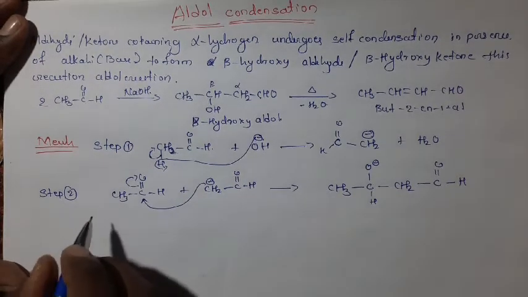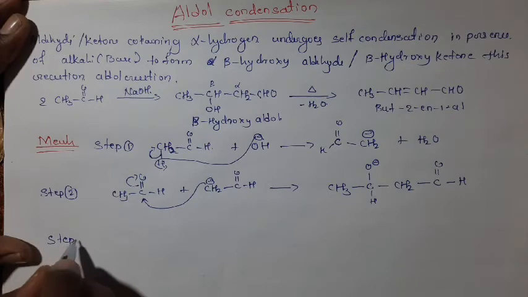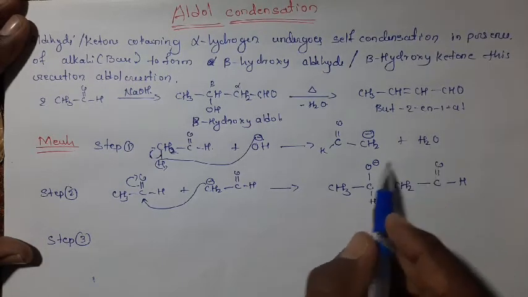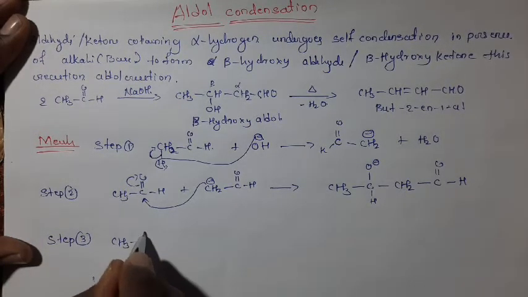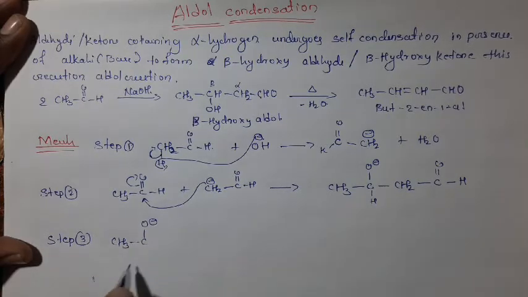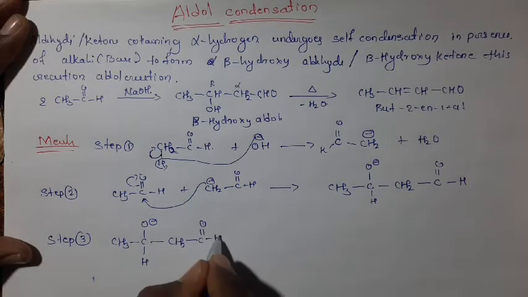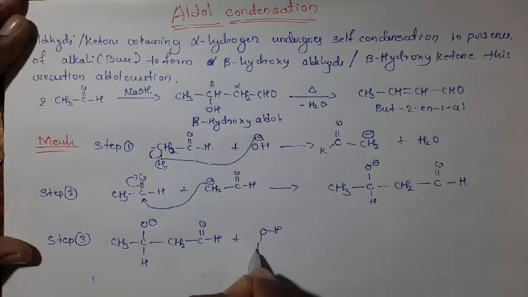Next, in step 3, this negatively charged oxygen abstracts the proton from the water. Let's see, CH3 C O minus H, CH2 C double bond O H, plus here one water molecule is there.